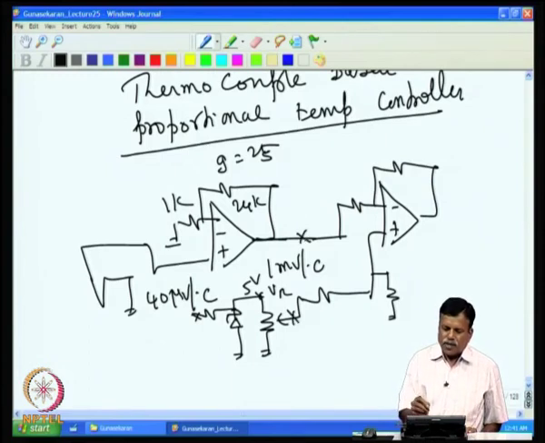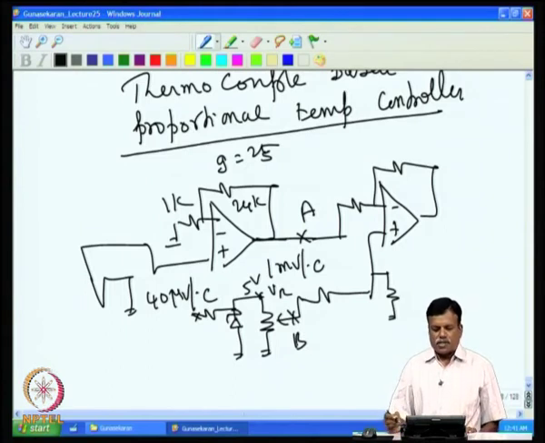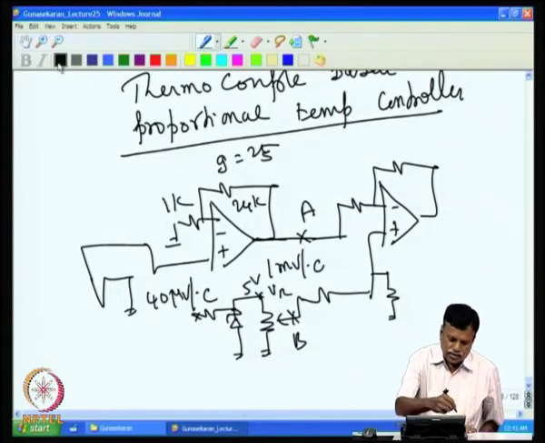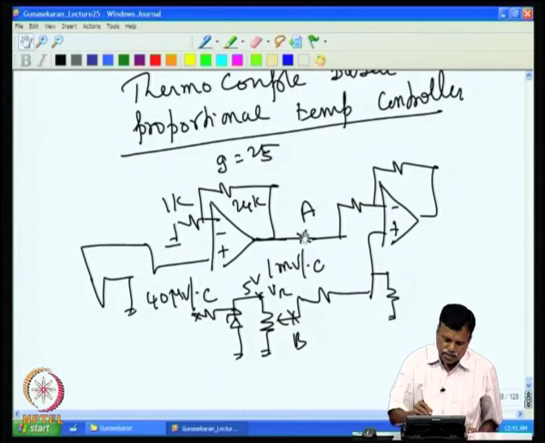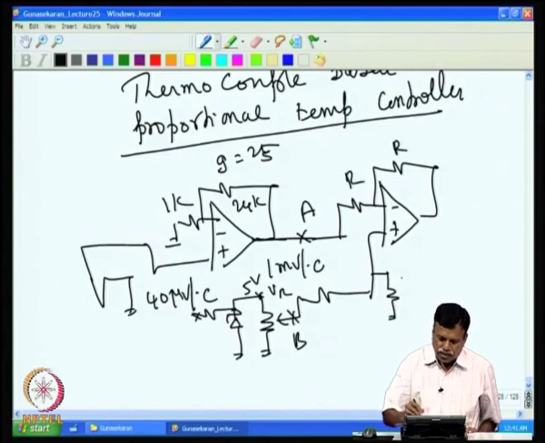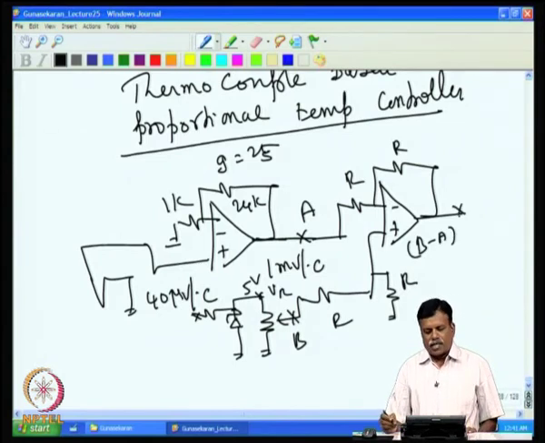So, we have A and B. A gives you the actual temperature, B is the set temperature, and the difference between A and B is what comes at this point. That is called the error voltage.